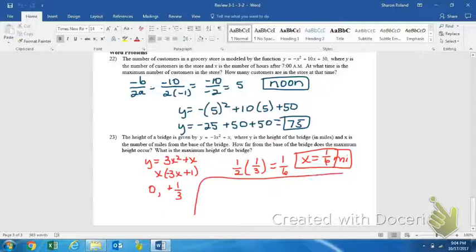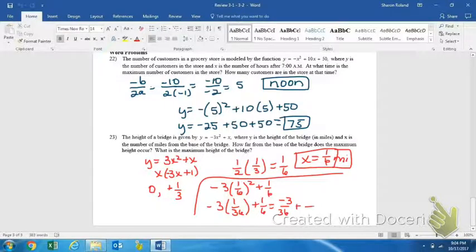So from there, you're going to plug it in. You have negative 3 times 1/6, and that's going to be squared, plus 1/6. So whereas we don't like fractions, these aren't really hard. This is negative 3 times 1 over 36 plus 1/6, and that's negative 3 over 36.